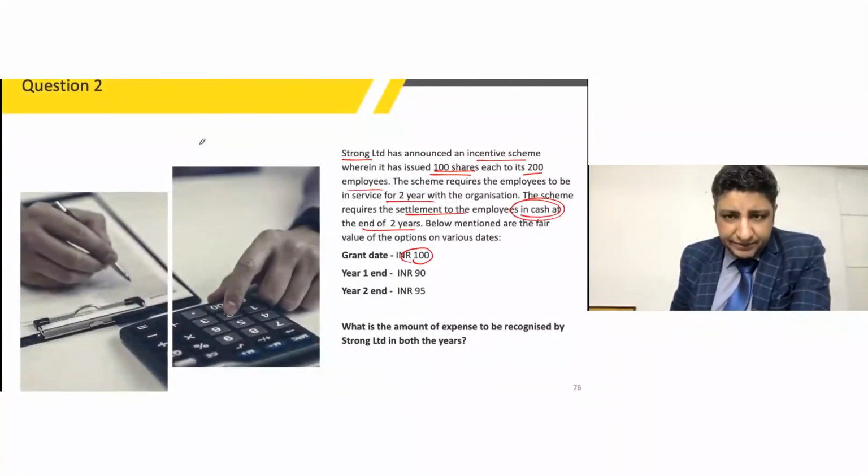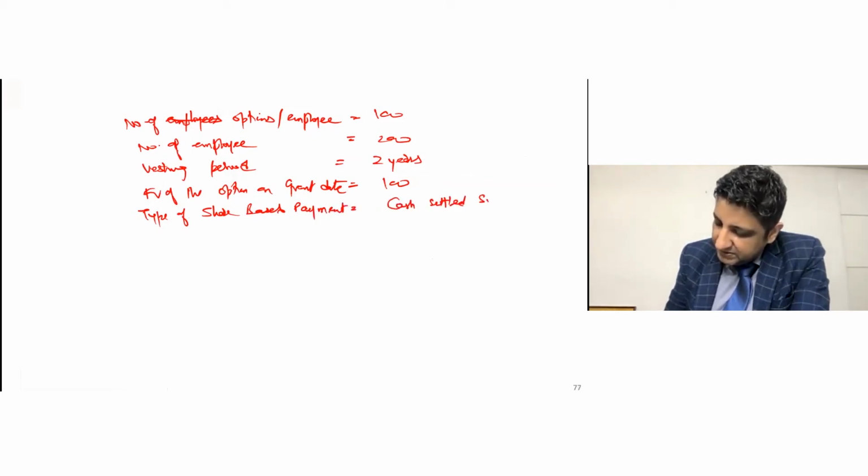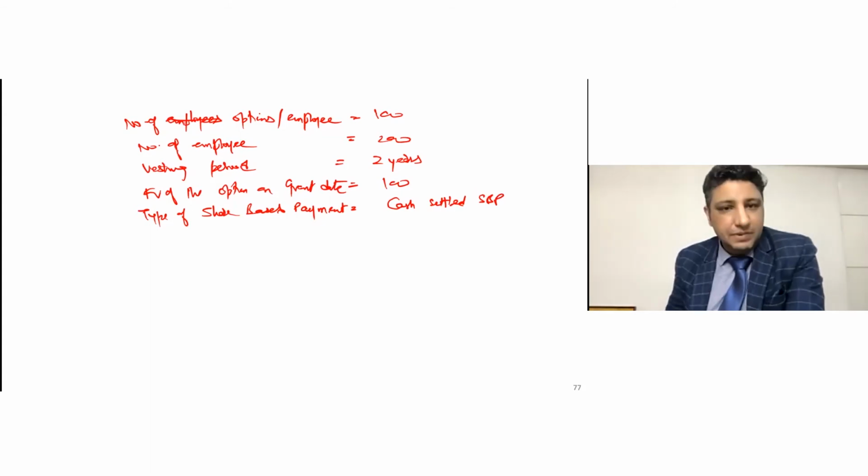Now, importantly, what you want to remember here is that the type of share-based payment is cash settled share-based payment. Right? Now, what do you want to remember in this scenario?